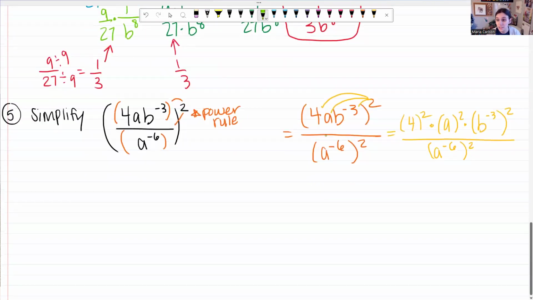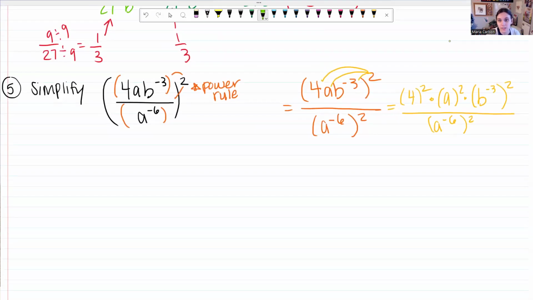Carrying on with using the power rule, still just using the power rule for all this. 4 squared is 16, so I'm going to come over here. We have 16 in the numerator times a squared is just a squared times b to the negative 3rd power squared is really b to the negative 3 times 2 power. Using the power rule, I'm just going to multiply those two exponents.